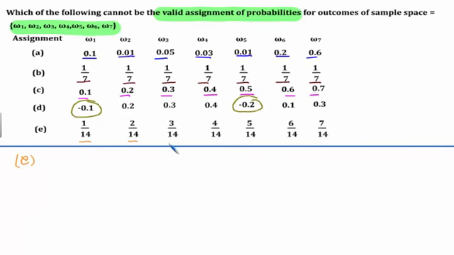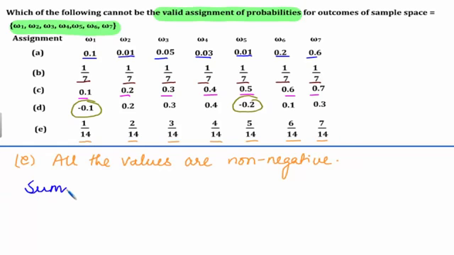Here, as we can see, all the values are non-negative. Now let us find the sum of all the values assigned to omega 1, omega 2, omega 3, omega 4, omega 5, omega 6 and omega 7.